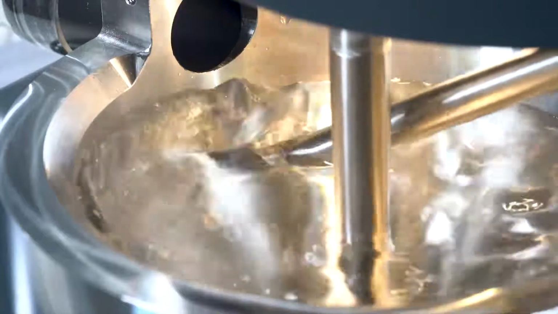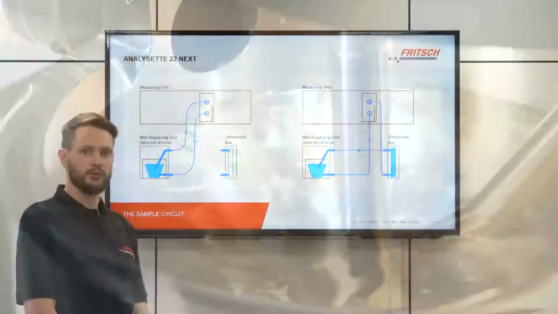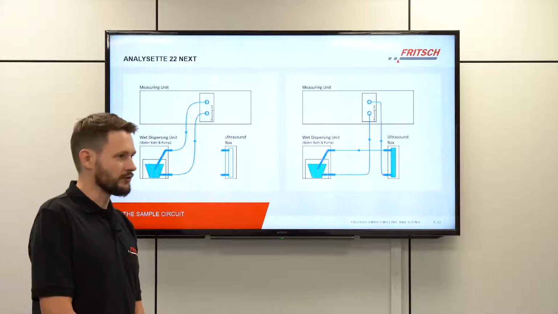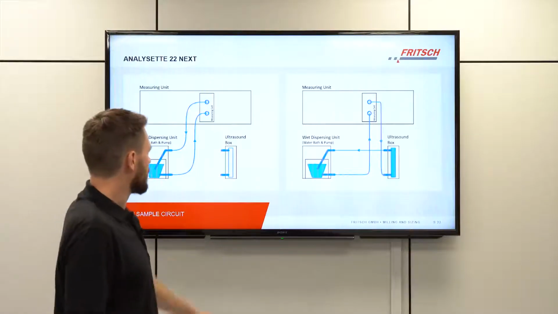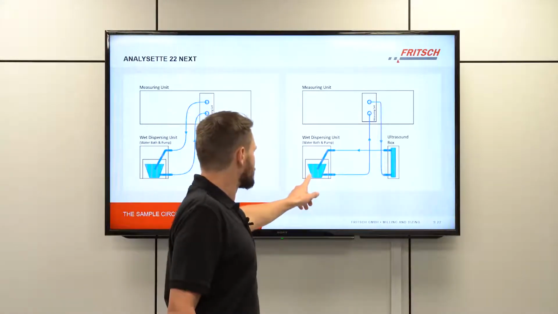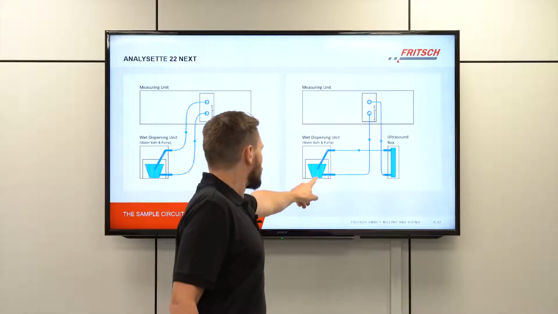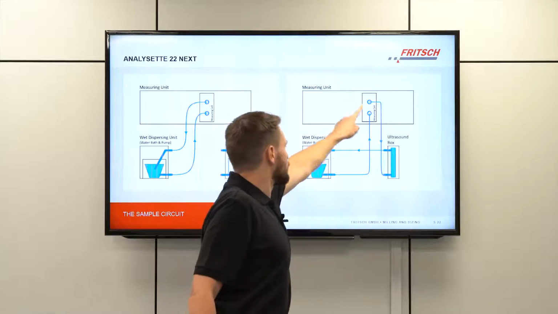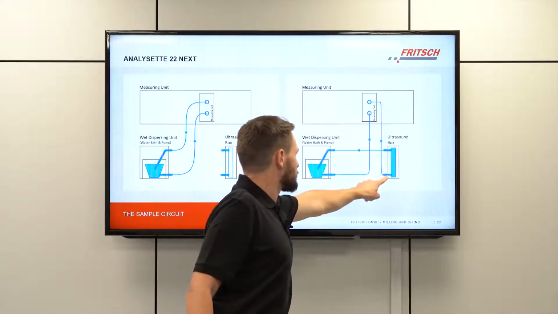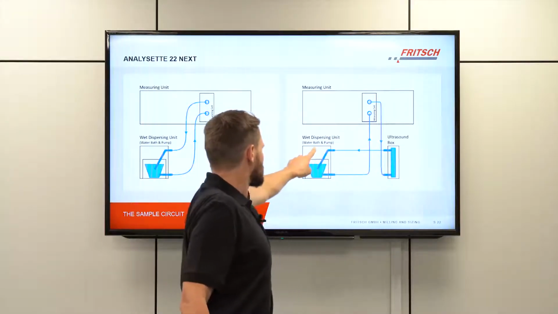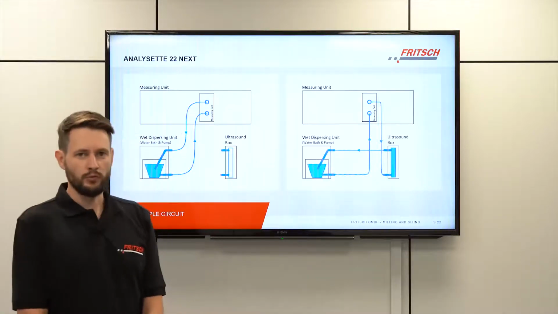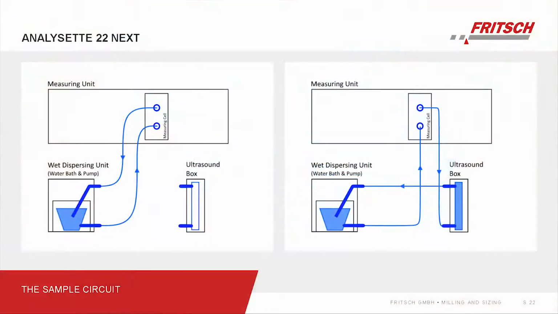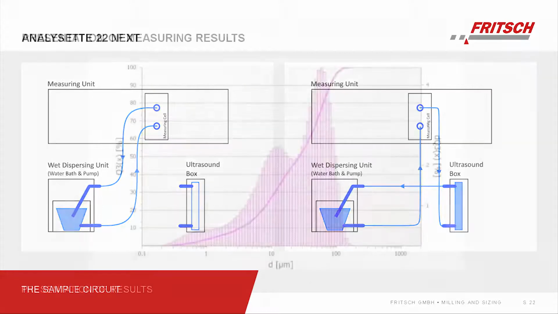And in case you have a sample where ultrasonic or ultrasound is needed, then you can just connect the hoses in a way that the water flow goes through the measuring cell first, then back into the ultrasonic box, and from the ultrasonic box back into the water bath. So this would be our sample flow.